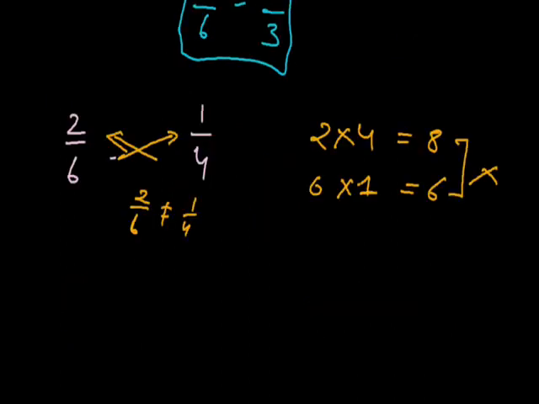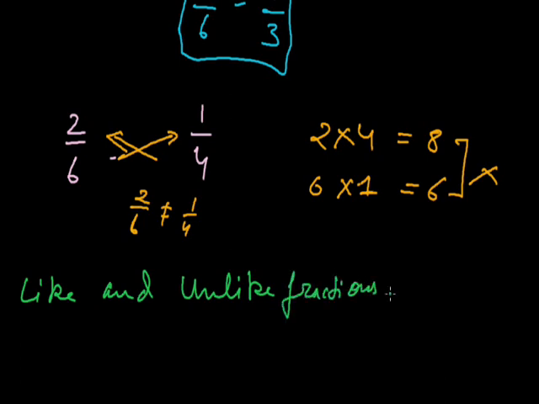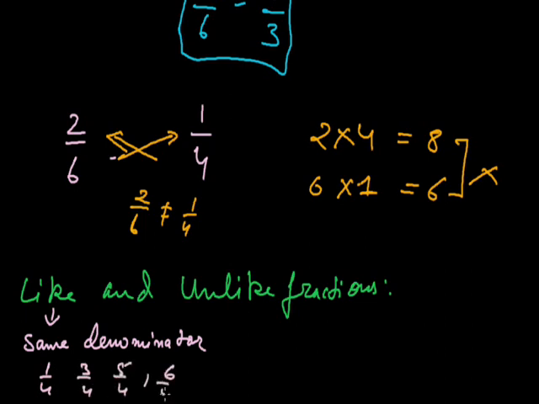Now the next type of fractions which we have are like and unlike fractions. Like fractions are those which have the same denominator. For example, 1 by 4, 3 by 4, 5 by 4, 6 by 4. All these are like fractions.